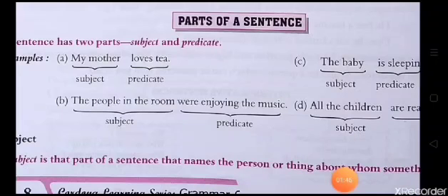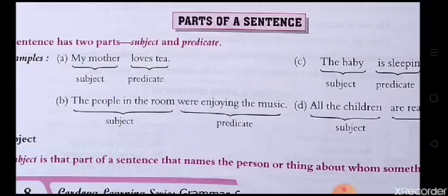In simple words, we can say the subject tells us who or what the sentence is about, and the predicate tells us something more about the subject. To find the subject of a sentence, ask the question who or what to the verb. Suppose the sentence is, the man stood at the gate.